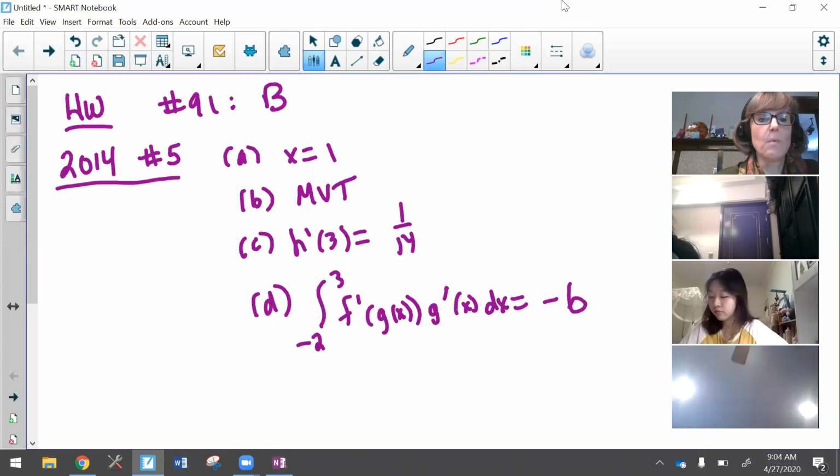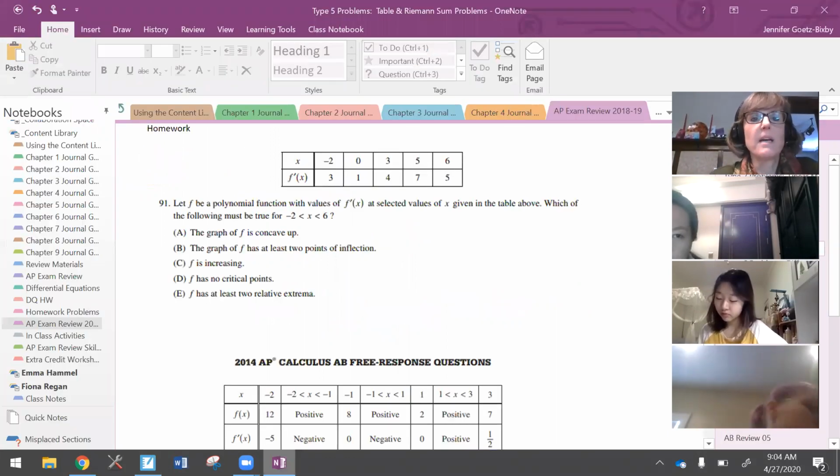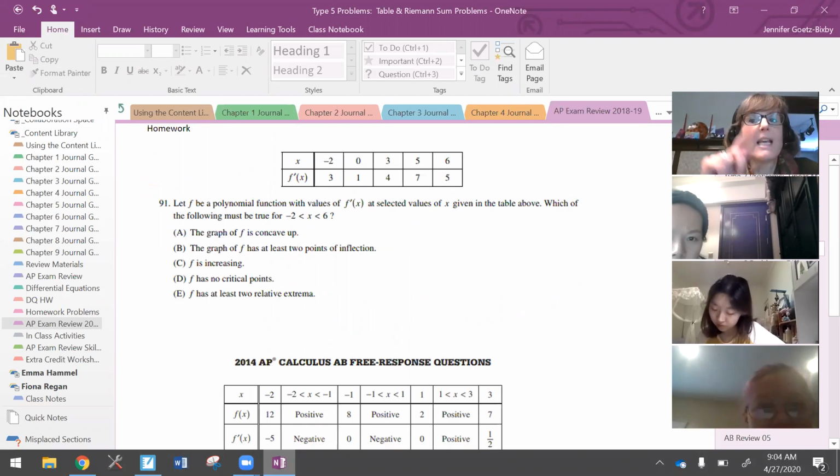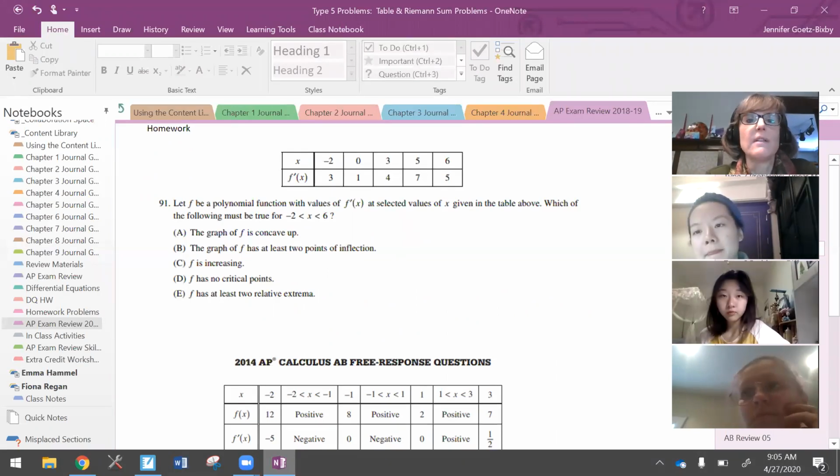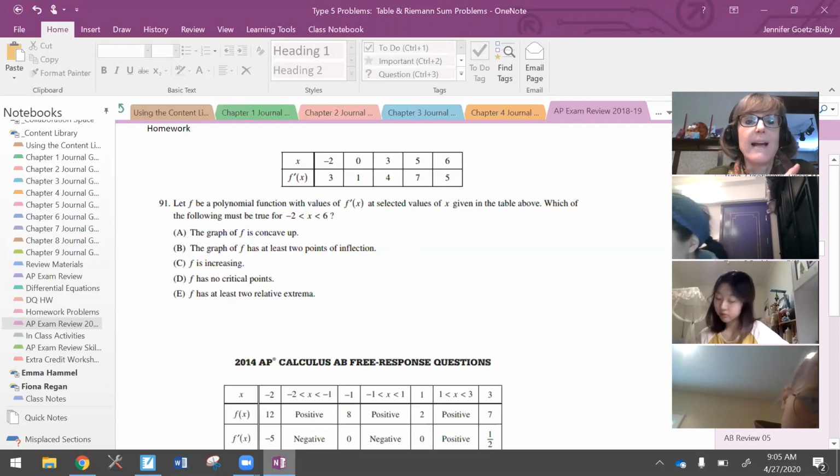So 91 was here. Let f be a polynomial function with values of f prime at selected values of x given in the table above. Always remember what is actually in the table or on the graph. Which of the following must be true for -2 to 6 non-inclusive?